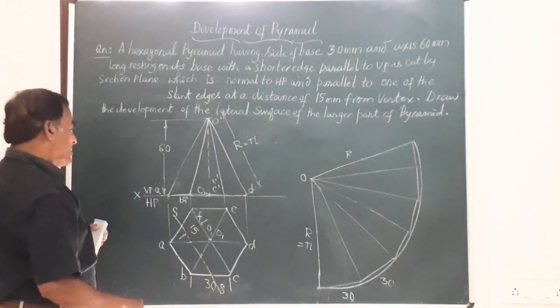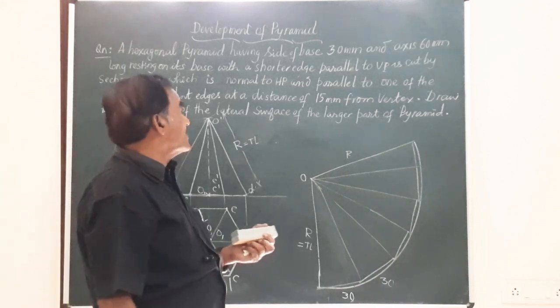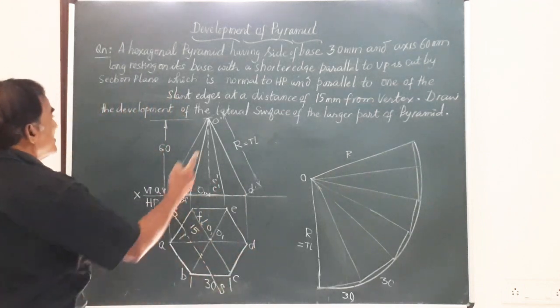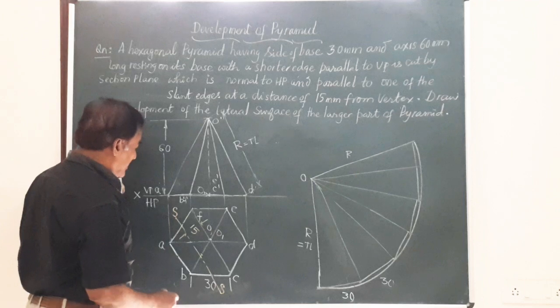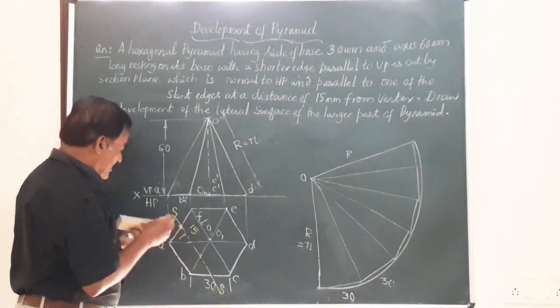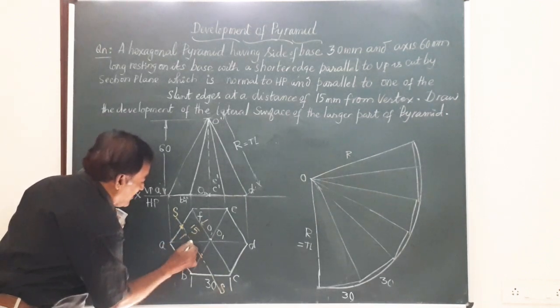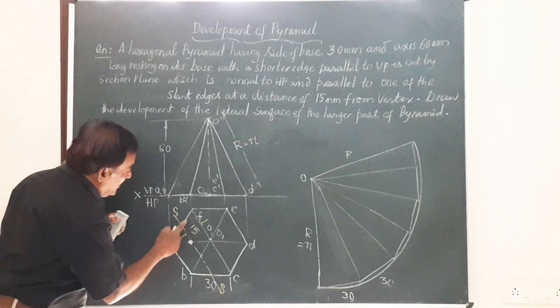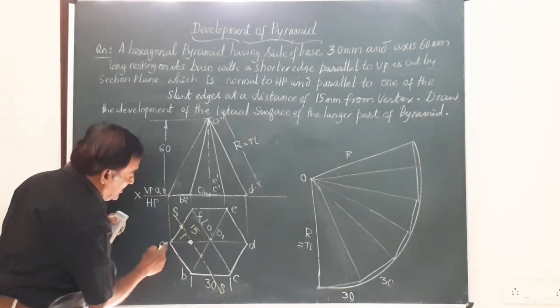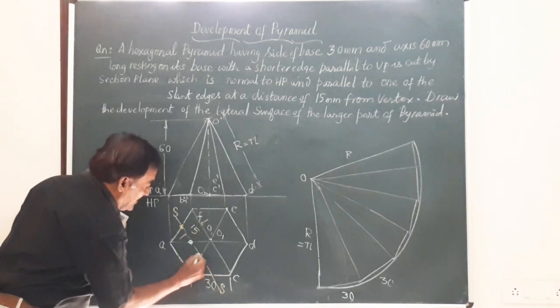So now, for the purpose of drawing, let us see what is the portion to be retained. He says, draw the development of the lateral surface of the larger part. After the section plane cuts the solid, let us mark the points where it is cutting. The base edge AF is cut here, slant edge OA is cut here, and the slant edge OB is cut here.